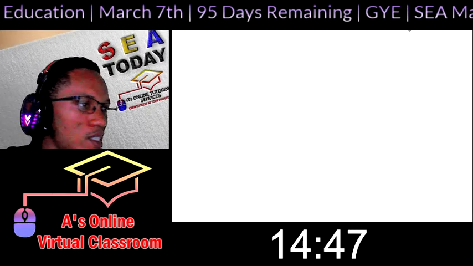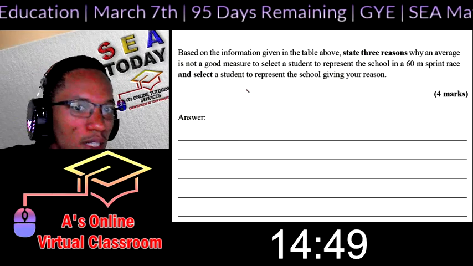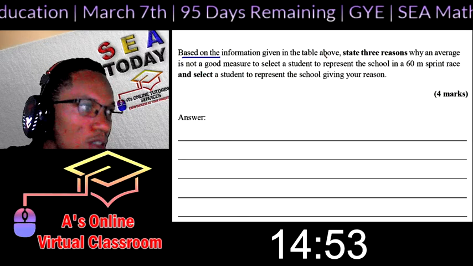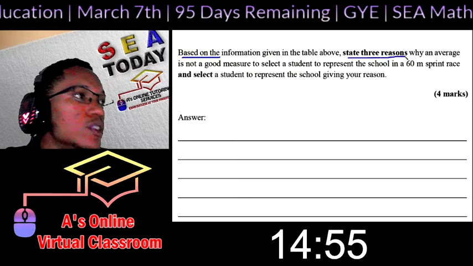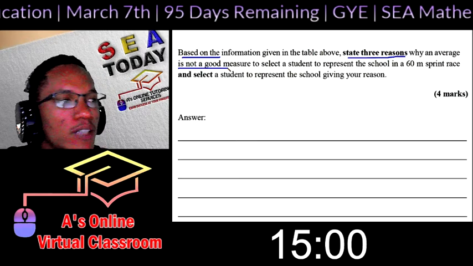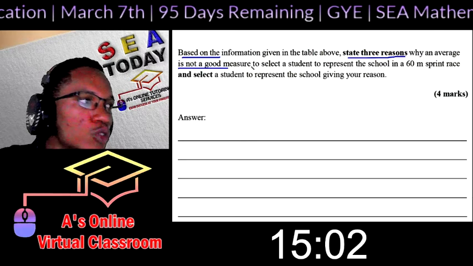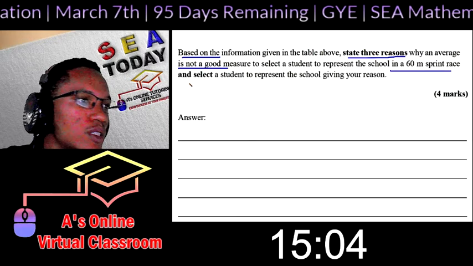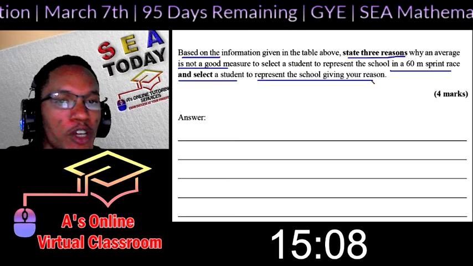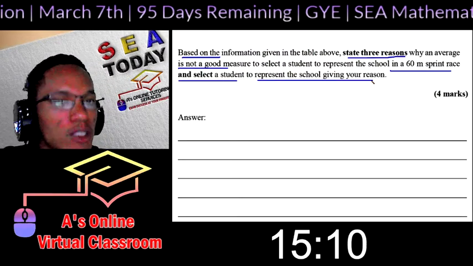The question is next. They say, based on the information given in the table, state 3 reasons why an average is not a good measure to select a student to represent the school in a 60-meter race, and select a student to represent the school giving your reason.